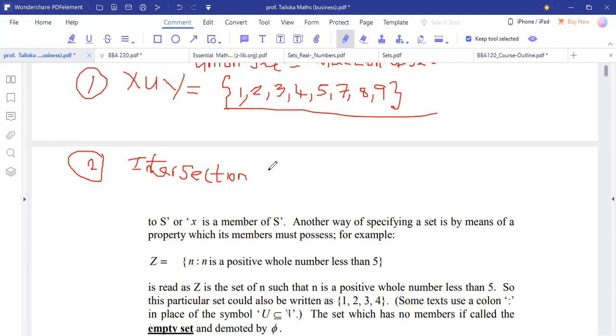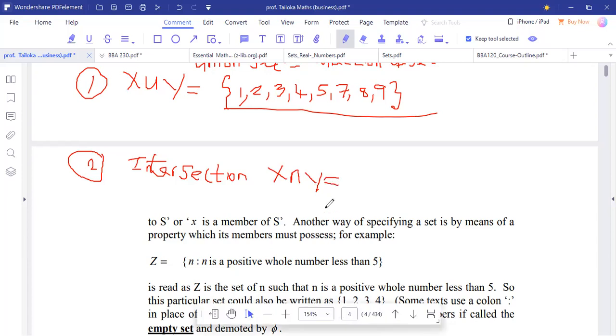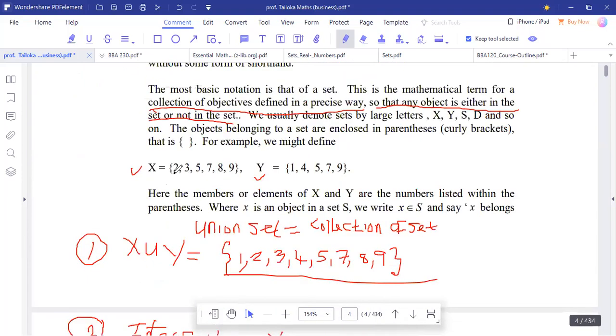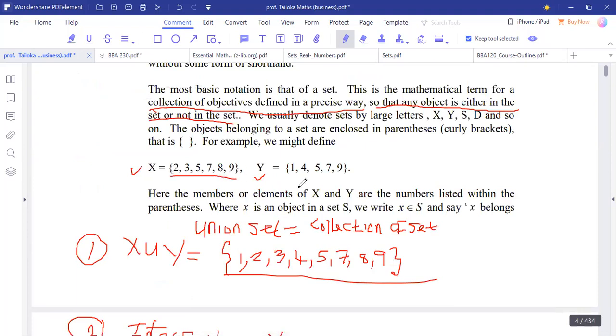It is represented by X intersection Y is equal to, so you look at what is common in both X and Y. That is the meaning of the intersection set.